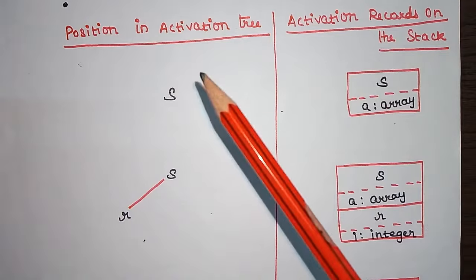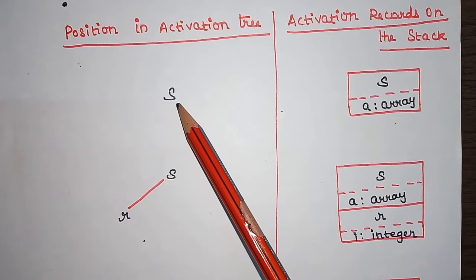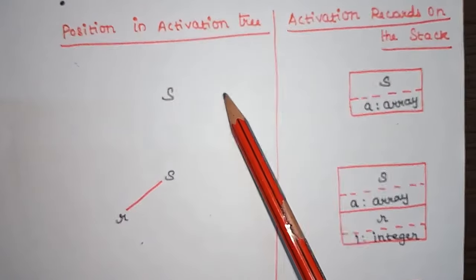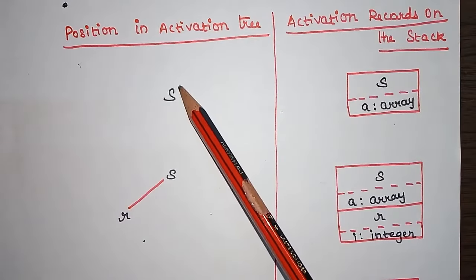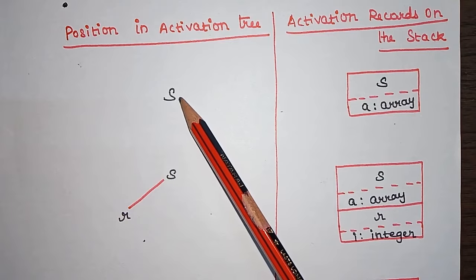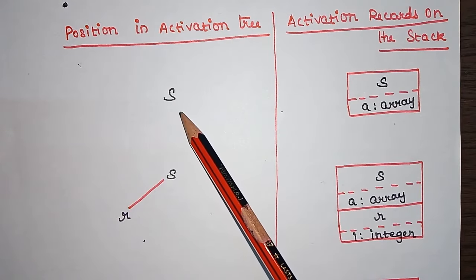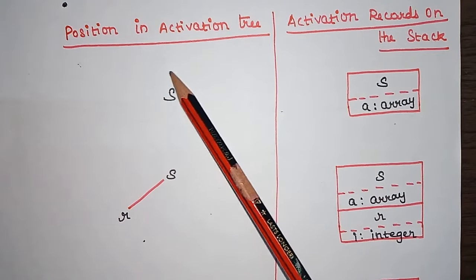Initially we have S, which is a procedure here. We can also call a procedure a function, right? S is the starting procedure, where the execution begins with the activation of procedure S.